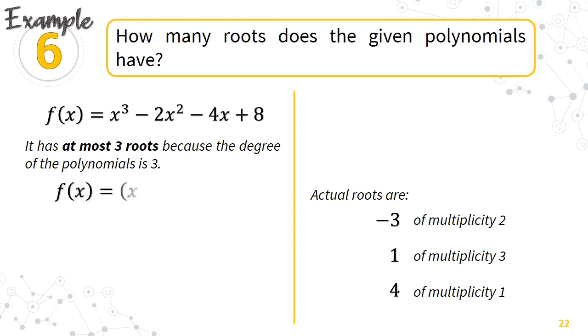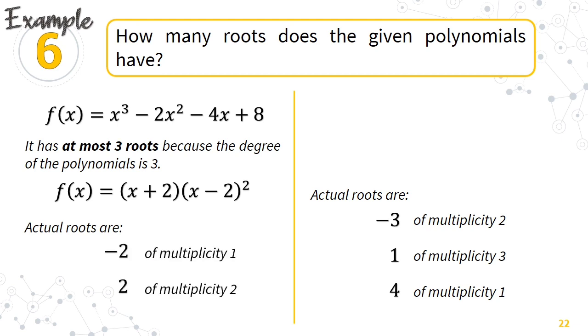Since the factored form of the given polynomial is f of x equals the quantity x plus 2 times the quantity x minus 2 squared, it has 2 actual roots. Specifically, we have negative 2 of multiplicity 1 and 2 of multiplicity 2. The exponents of each factor will give us the idea of the multiplicity of each root.